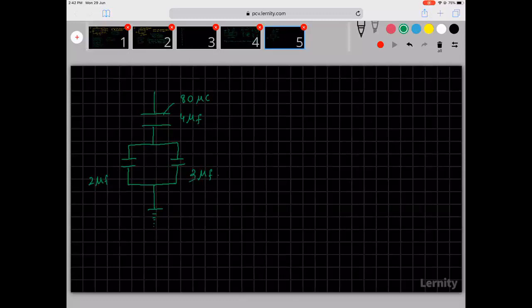The question is, what is the charge on the other plates? The charge on this capacitor is 80 microcoulomb. What is the charge on the rest of the plates?